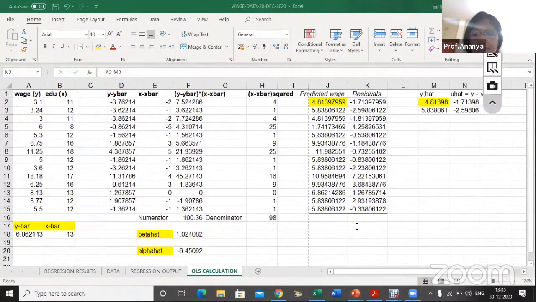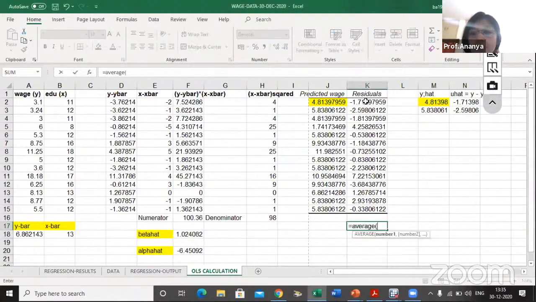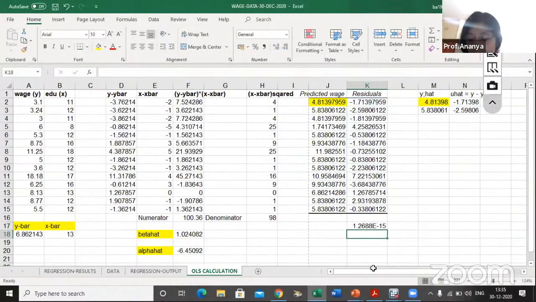If you look at the average of this whole column, this will go to zero. See this number, it says E minus 15. That means this is divided by 10 to the power 15. It's 1.2688 divided by 10 to the power 15, so it's practically zero.